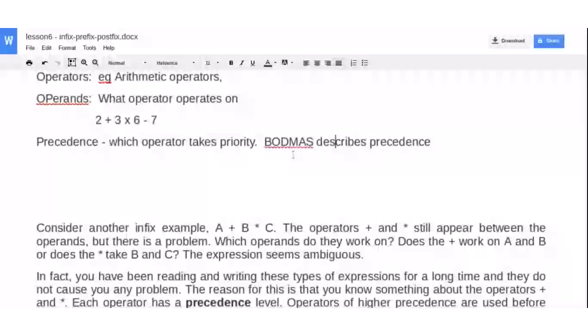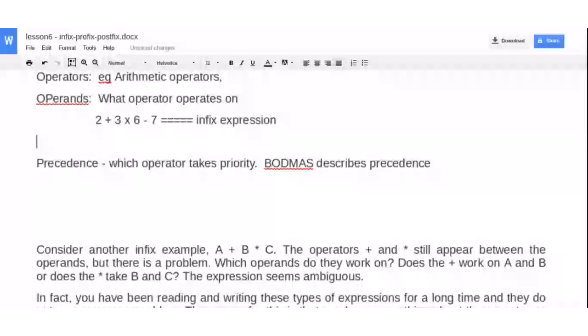So when you write an expression where the operators are supposed to be in between their operands, then that expression is an infix expression. But we have these two other expressions, where we write the operators, we don't put them in between the operands.